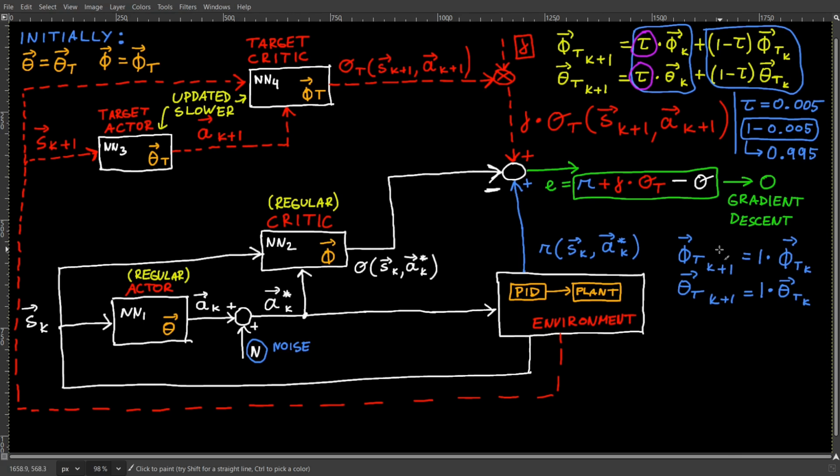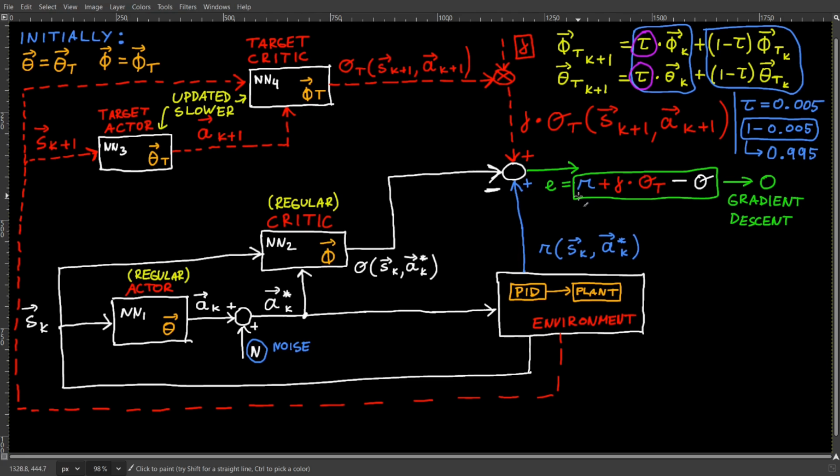Even though I'm not doing that, so this is not true, but I'm almost doing that, because this is almost 1. As your regular actor and critic networks get updated, so do the target networks, but at a much slower pace. And this helps solve the earlier problem that we had with not having constant target Q values.